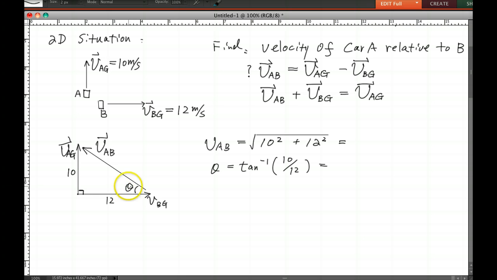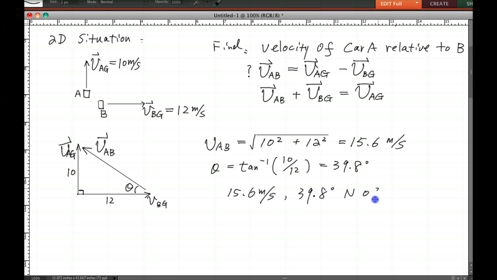You should see it's north of west, not north of east. So the answer is 15.6 meter per second for the velocity, and 39.8 degree north of west. If you need to write a statement, it's 15.6 meter per second and 39.8 degree north of west.